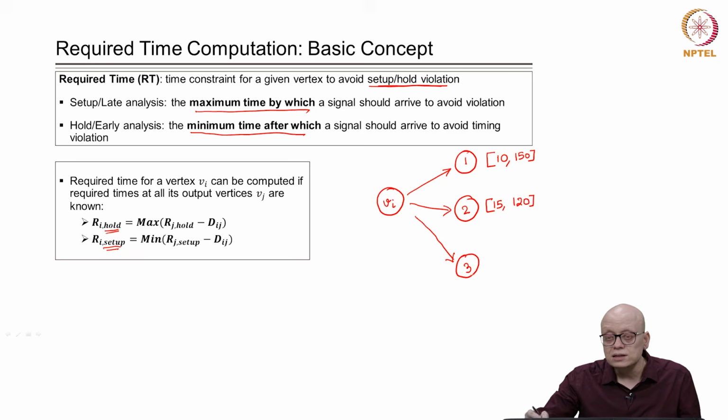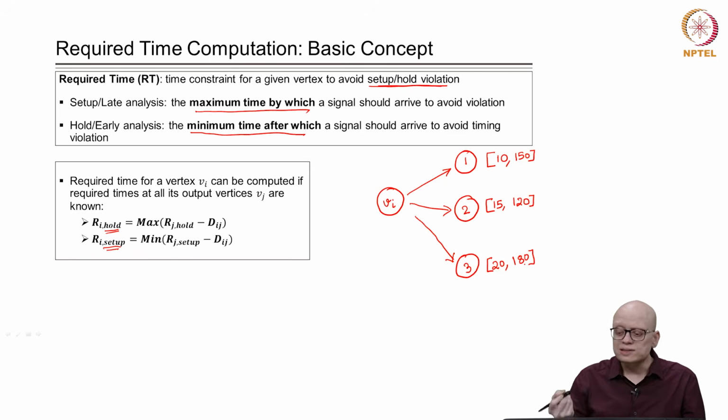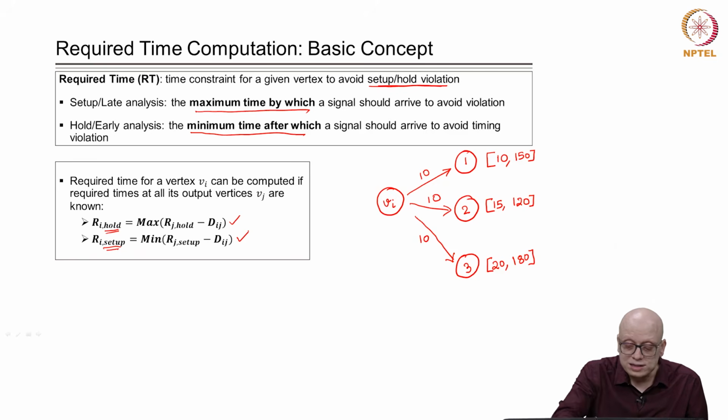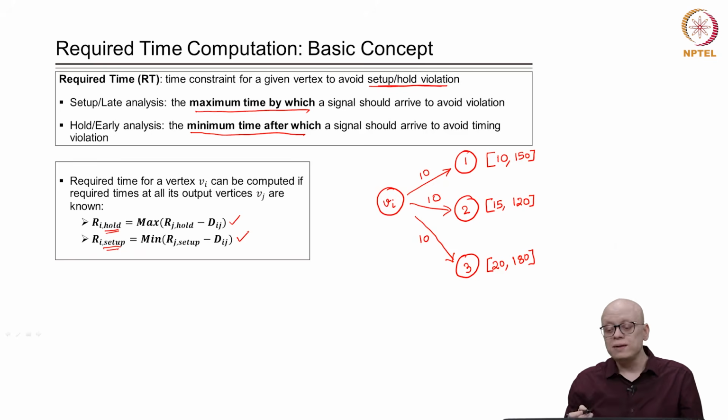And for the third vertex, let us say that the required time was 20 for the hold case, and for the setup case let us say that the required time was 180. Now, for the sake of simplicity, let us say that the delay of each of the edges is 10 time units.